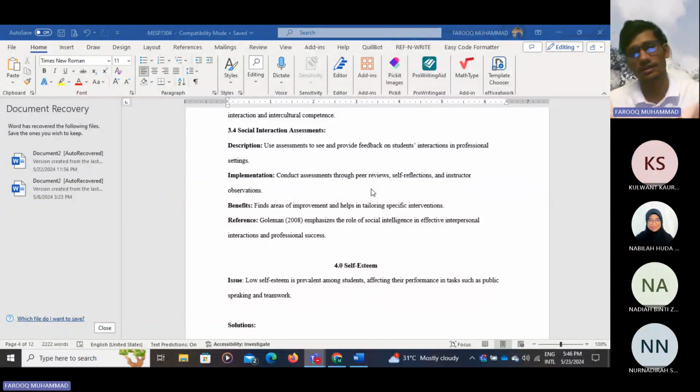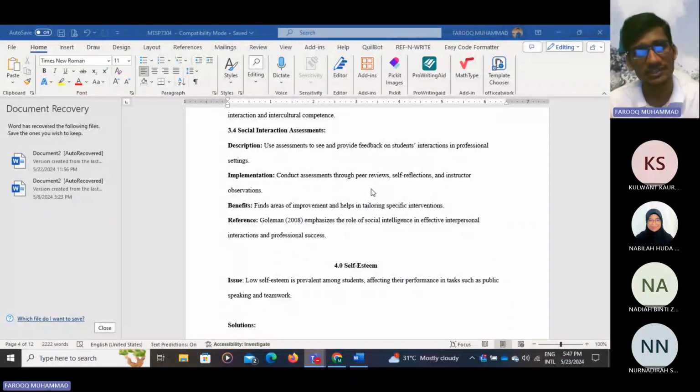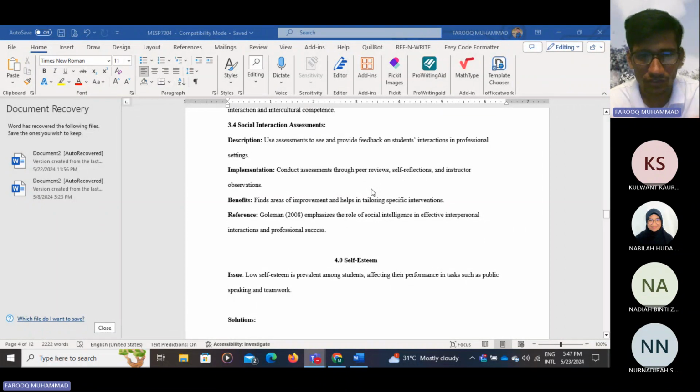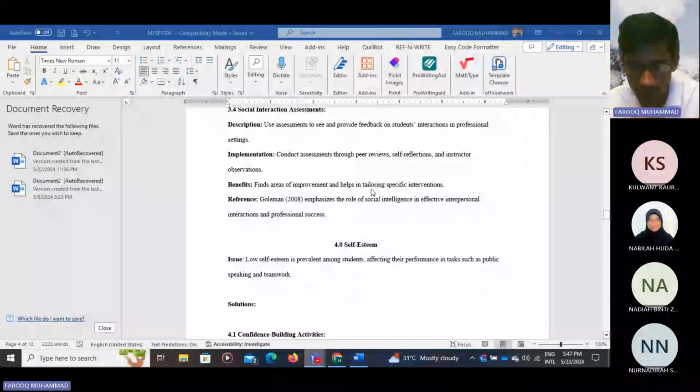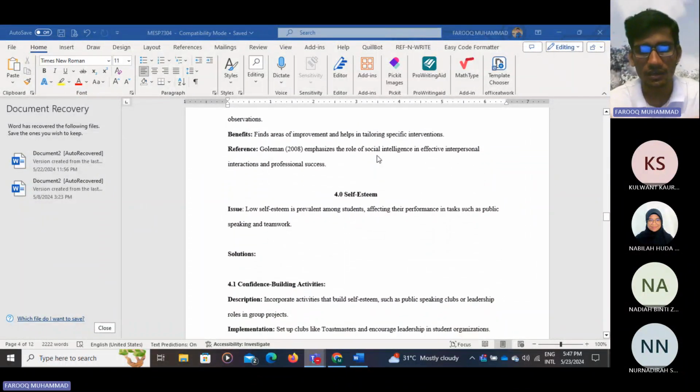Then you should slowly ask the students to go for it and practice with them slowly, and it will be good for building his confidence and for his future. Here I used Goldman 2018, which emphasizes the role of social intelligence in effective interpersonal interaction and professional success.